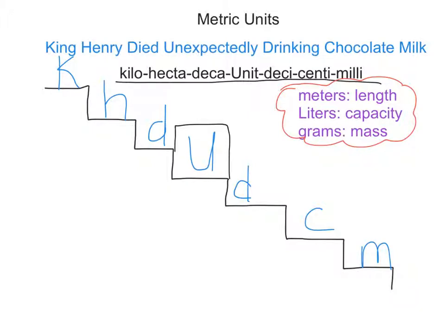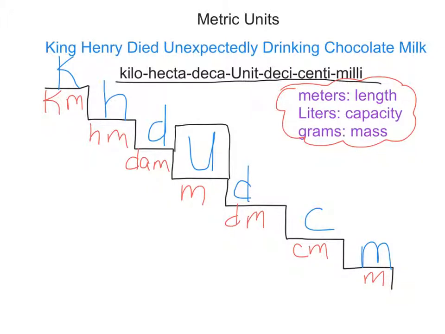So the U being our base, we're going to start with meters. And so what we need to do from here is start up the staircase where the K is, and then we simply start charting kilometers, hectometers, decameters, then our meters, decimeters, centimeters, and millimeters.